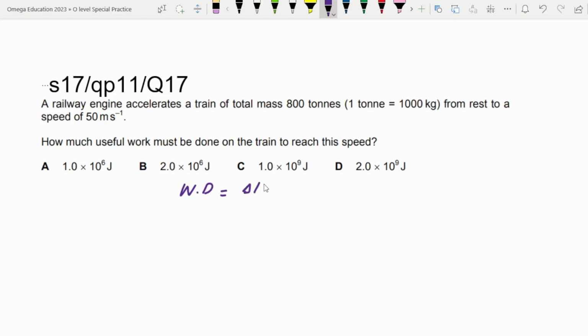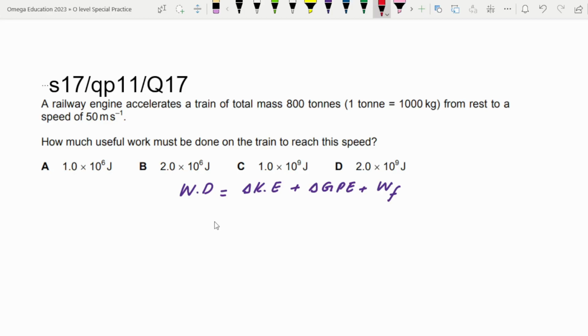We write change in kinetic energy. This is the general expression, plus the change in gravitational potential energy, plus the work done against friction. Okay, this is the standard expression for all cases. We need to find this work.